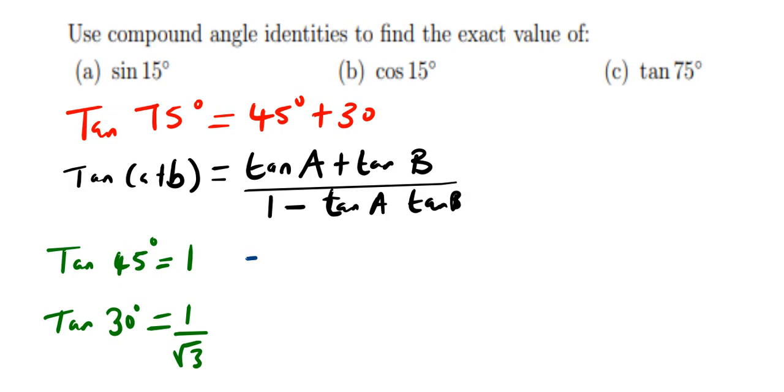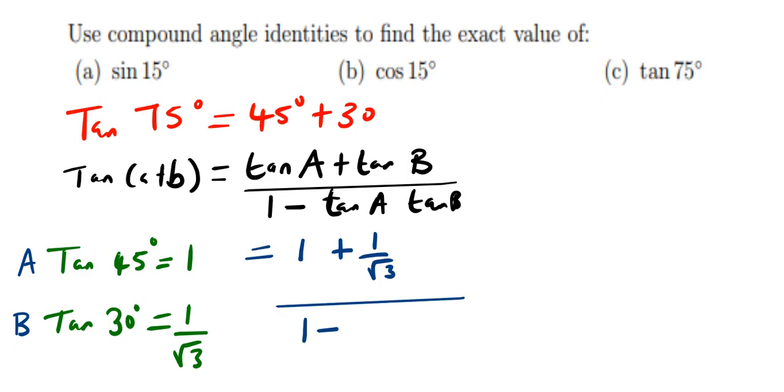Let's call this one A and this one B. So tan A is 1, plus tan B is 1 over root 3, over 1 minus tan A multiplied by tan B. That is 1 multiplied by tan B, which is 1 over root 3.